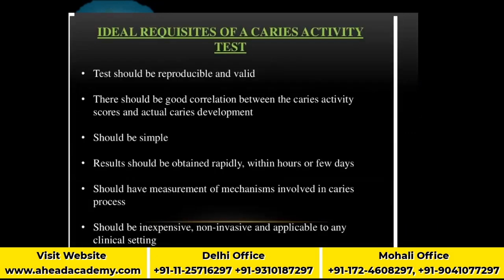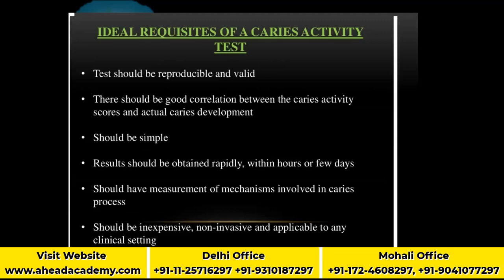Ideal requisites of a caries activity test are: number one, it should be valid and reproducible at the same time. Number two, the test should have a good correlation between the caries activity scores and the actual development of the caries lesion, it should be simple in nature, and the result should be obtained rapidly, that is, within hours.